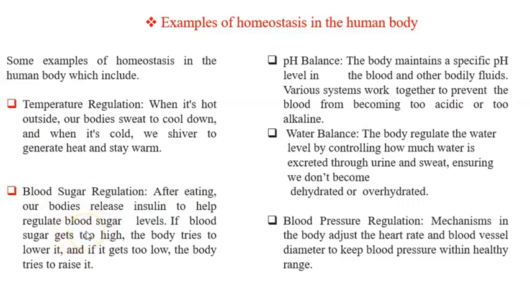If the blood sugar level gets too high, the body tries to lower it with the help of insulin, which acts as a doorway that allows glucose to move into the cell. And if it gets too low, which is hypoglycemia, the body tries to raise it. So, I want you to listen carefully.